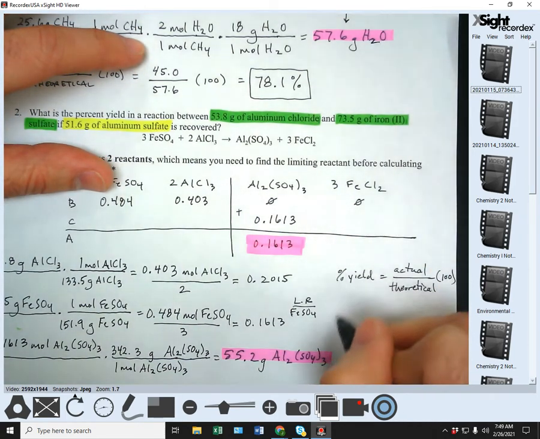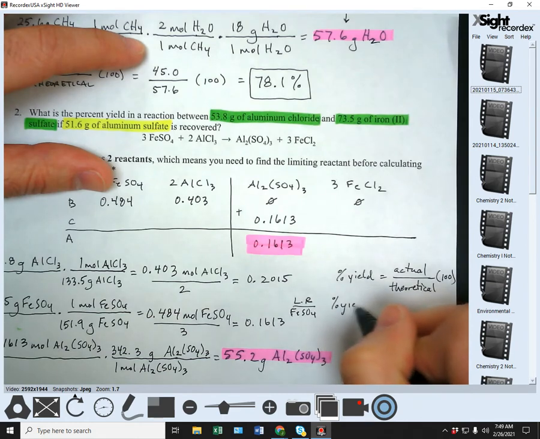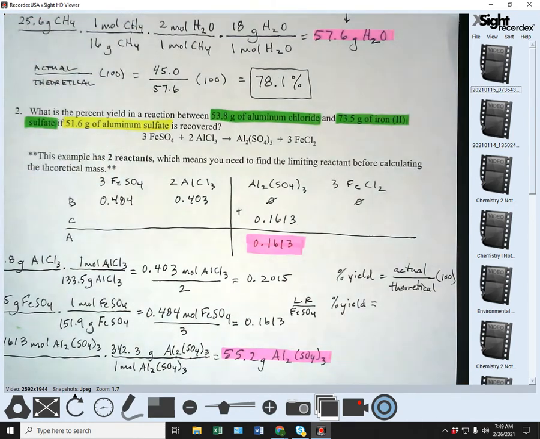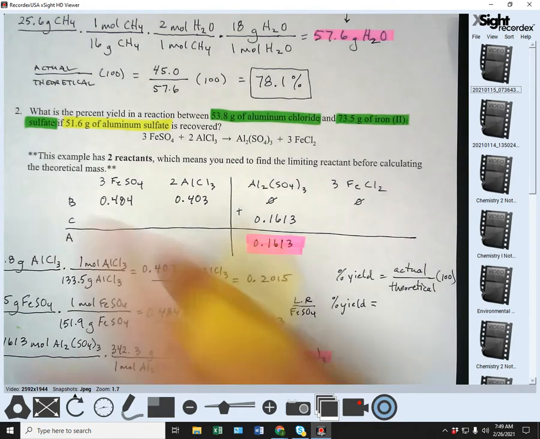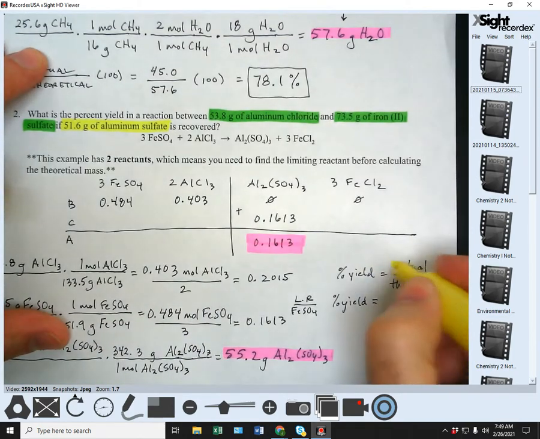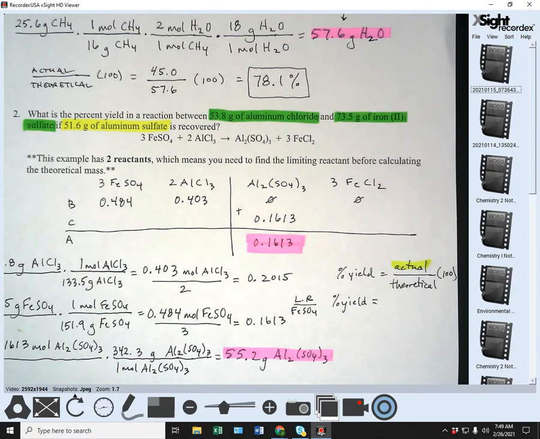So we've got our actual, remember the actual marked here, theoretical.